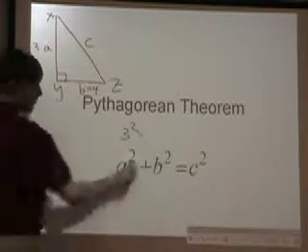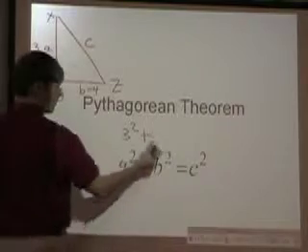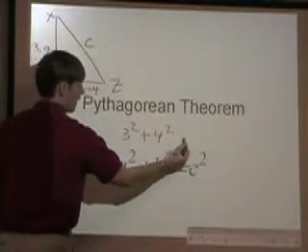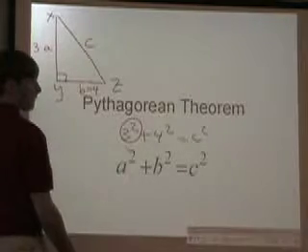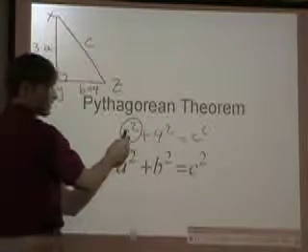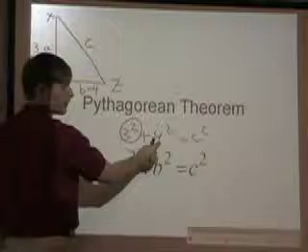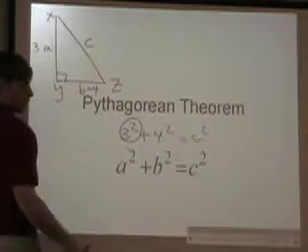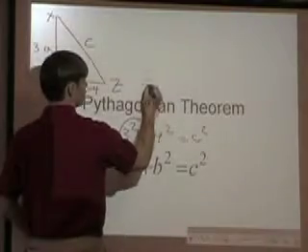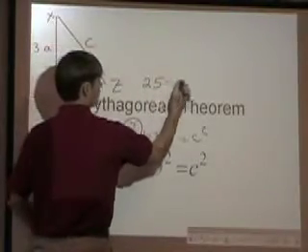A squared plus, what's B? 4 squared. And that equals C squared. So now what's 3 squared? 9. 3 times 3 is 9. What's 4 squared? What's 9 plus 16? 25. So you have 25 equals C squared.